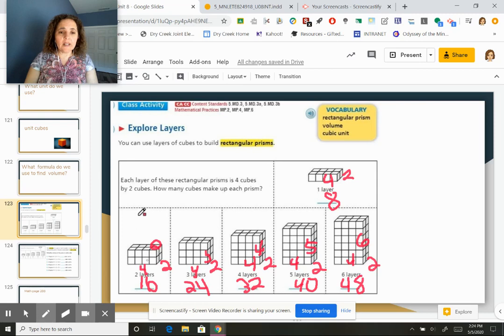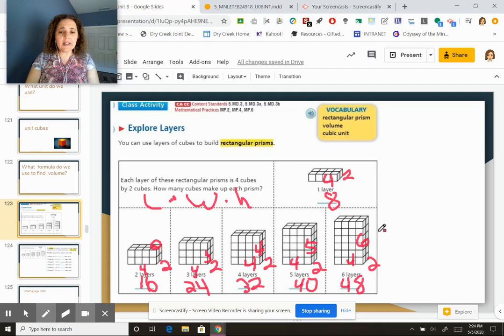So going across is my length, times how many were going this way inwards, my depth or my width, so it's length times width times my layers or my height.